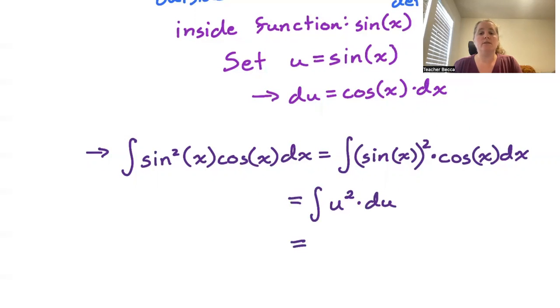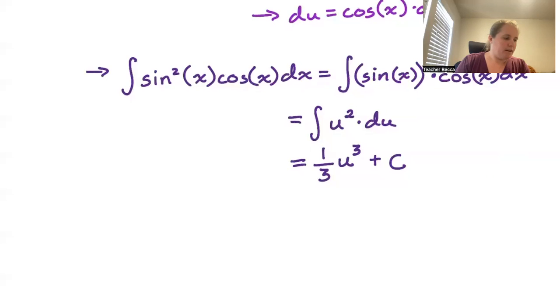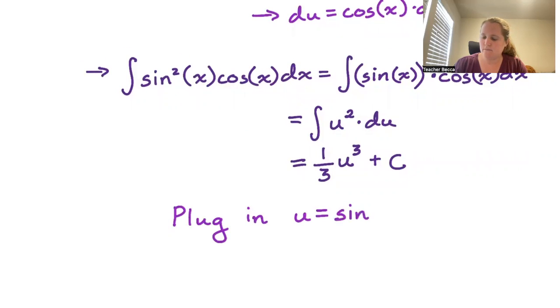This, of course, is a known integral. Power rule, power goes up to u cubed. And then we divide by that new power. So we have 1/3 u cubed plus c. At this point, we now plug back in the fact that u was equal to sine of x.